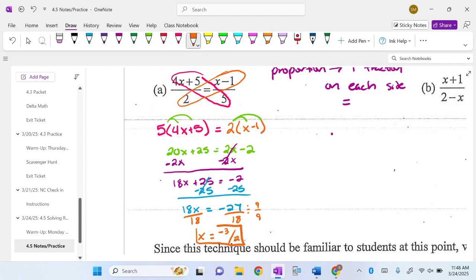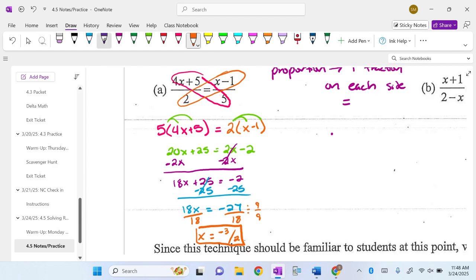So x is equal to negative 3 halves. That's our answer for this one. Like I said, it looked like an ugly problem, but it actually wasn't too bad, because by cross multiplication we turned that ugly problem into something a bit more manageable. Any questions on that one?